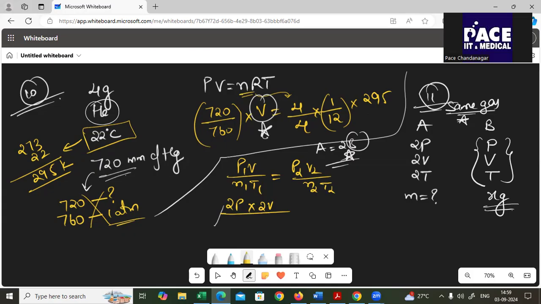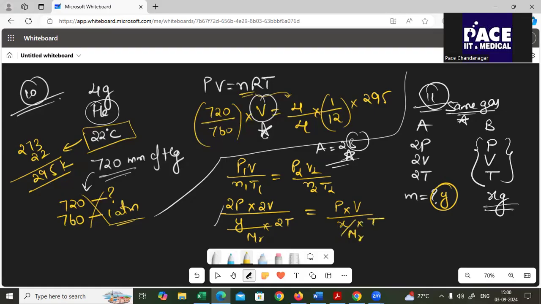Given mass I don't know, let me take that as some Y, by molar mass MR, because which gas it is is not given to us, times temperature 2T, is equal to P2, which is P, V2 which is V, by n2. n stands for number of moles, given mass by molar mass. Given mass in the second condition is X grams by molar mass MR times T2, the temperature, which is T.